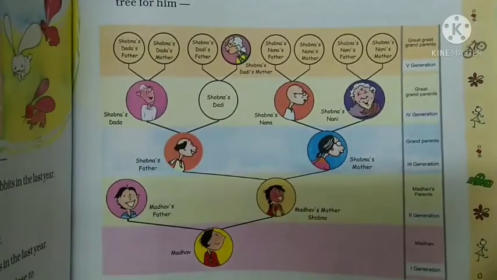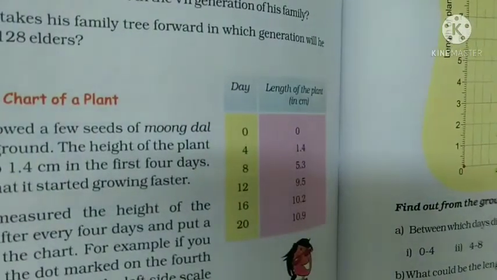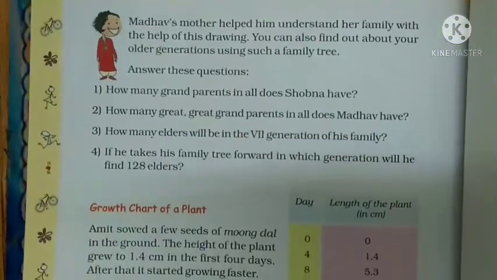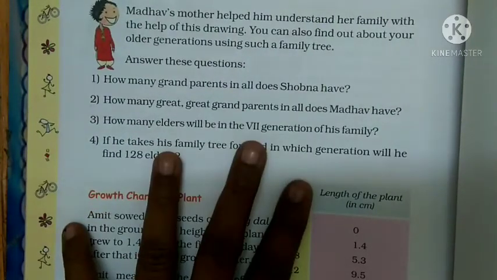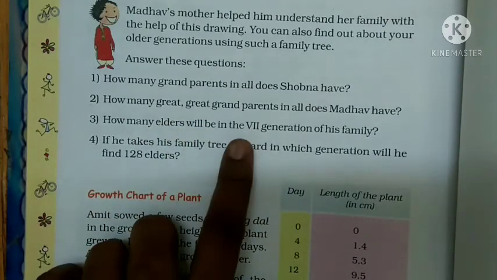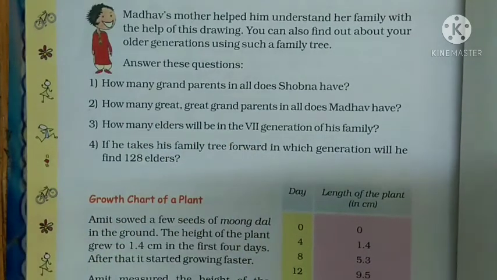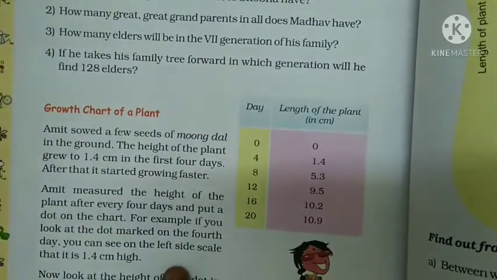So using this family tree, you want to find out the answers. Okay. You have to mention them in your textbook. In the evening Zoom class, we will discuss the answers of these questions. And at that time we will discuss the growth chart also.